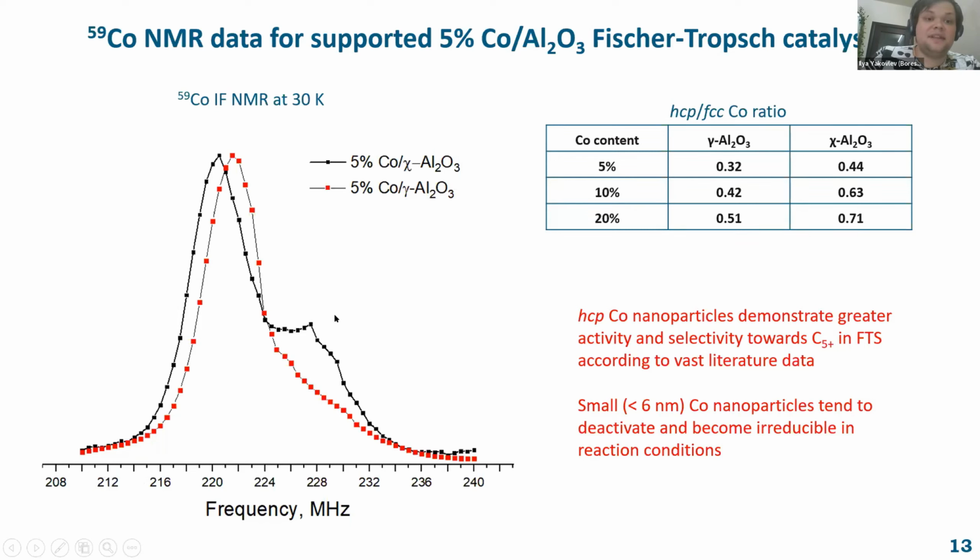This difference may mean that the particles supported on gamma alumina are actually smaller, because it is generally considered that the FCC structure of cobalt is stable for smaller particles, and HCP becomes stable for larger particles. So here the internal field NMR provides evidence that the particles on gamma alumina are actually smaller.